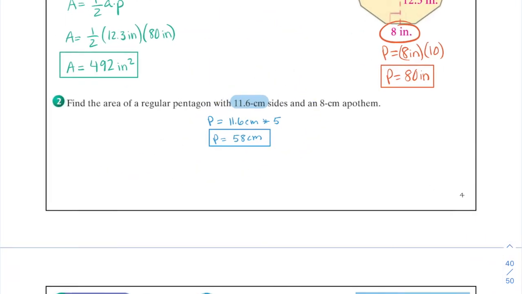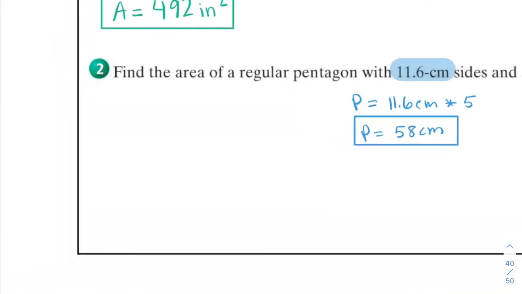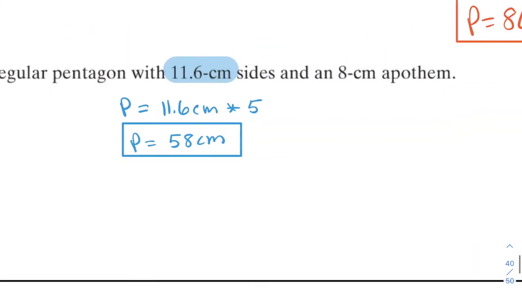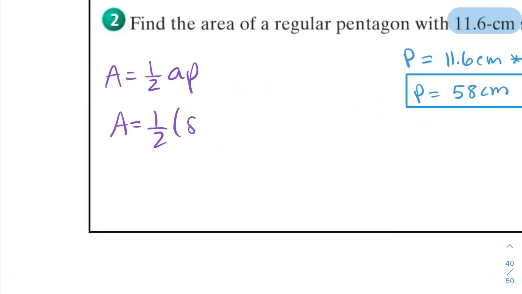So you have the perimeter. You can now do area, which is 1/2 apothem times perimeter. So area is 1/2 apothem, which is 8 centimeters, times perimeter, which is 58 centimeters.